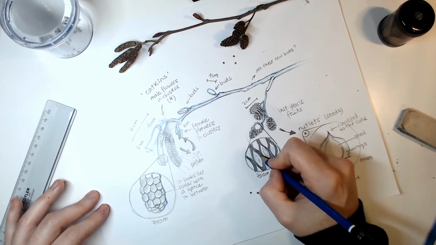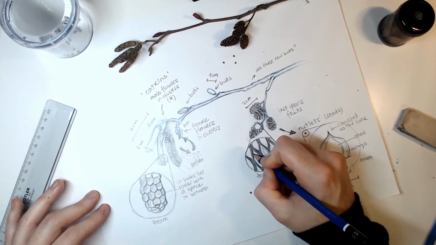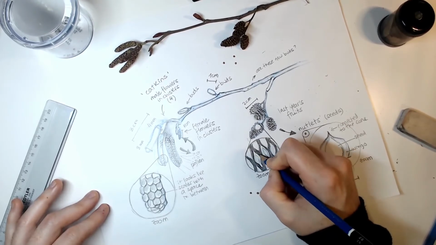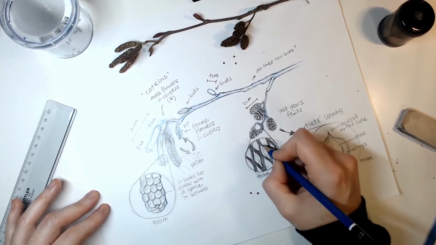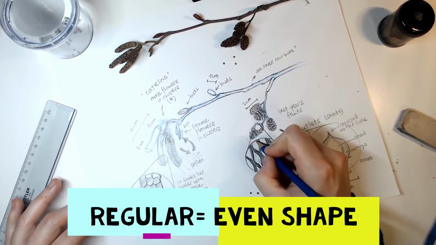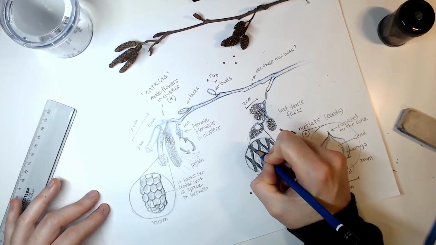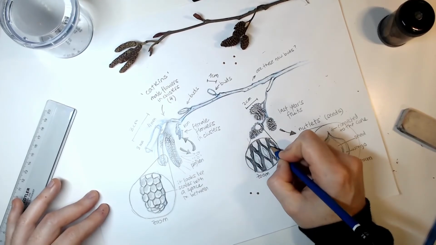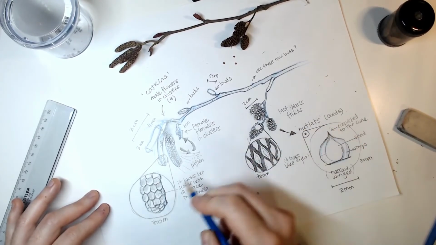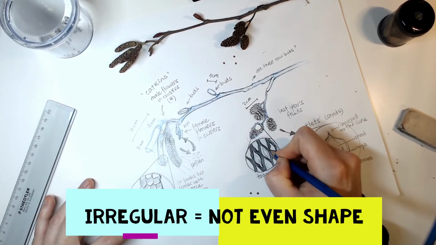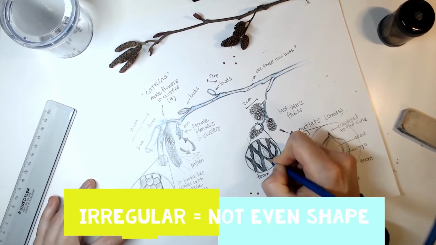Also, I noticed that sometimes these shapes are a little bit thinner on the edges, so they're not that regular. Regular means same shape, same location of the structure. So this is quite regular. Irregular means that the shapes are kind of different.